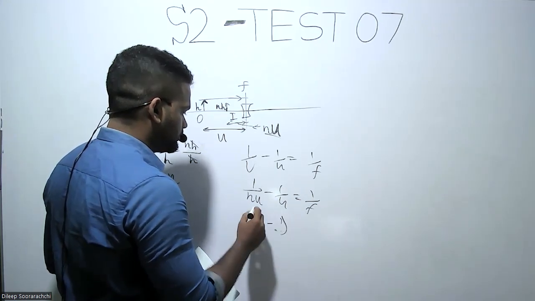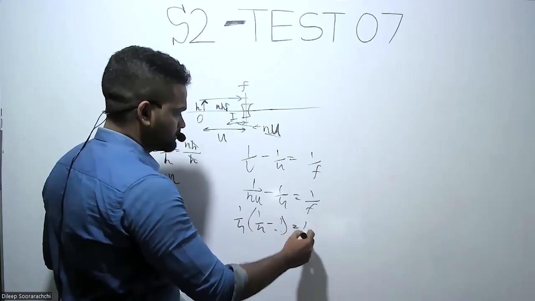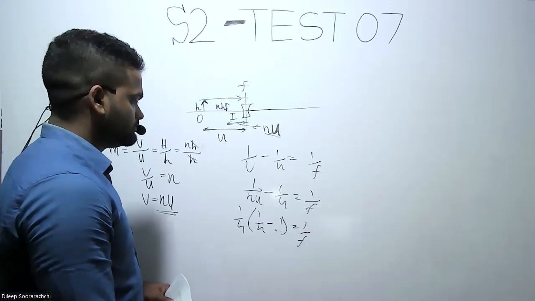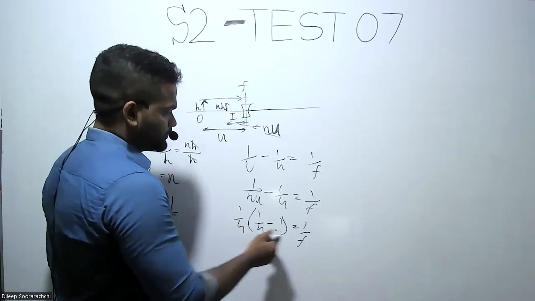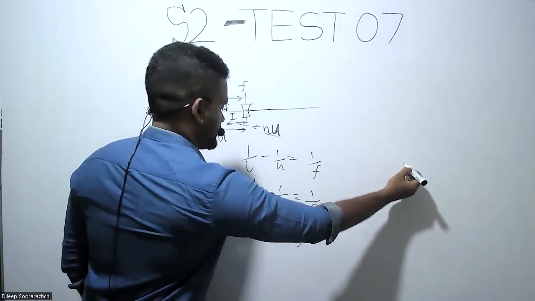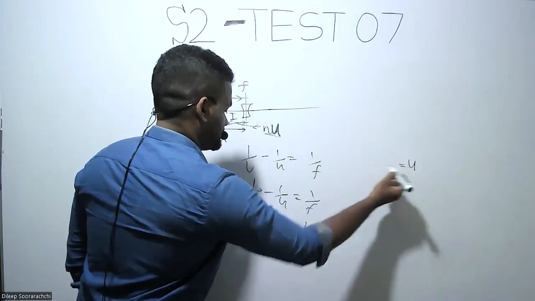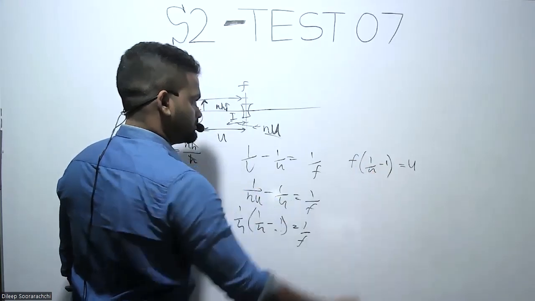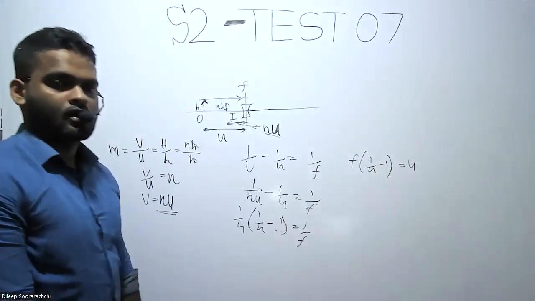You can take 1 over u out. Now it is just a simplification. Put u here, get f here, cross multiplying. So you get u equals f times 1 over n minus 1. So that's the object distance.